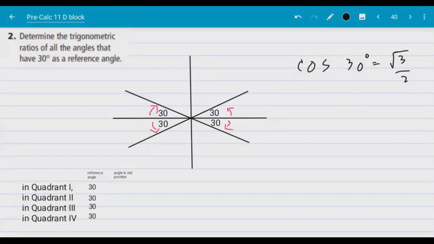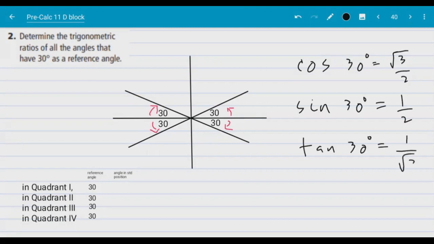I really want you to watch that because you have to understand where the root 3 over 2 came from. While the sine of 30 degrees would be 1/2, and the tangent of 30 degrees is what? 1 over root 3.